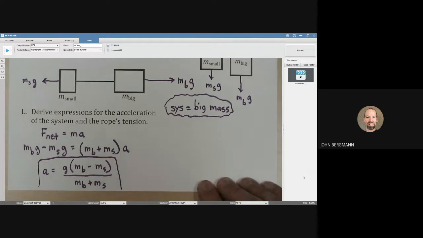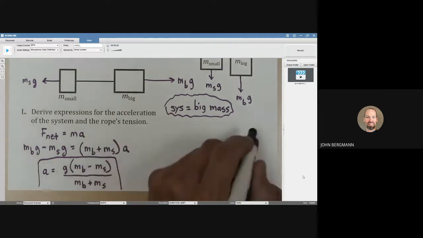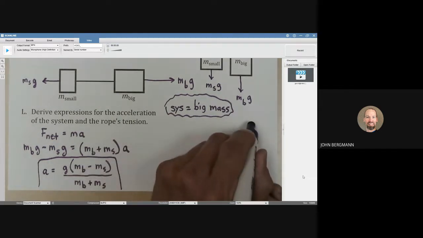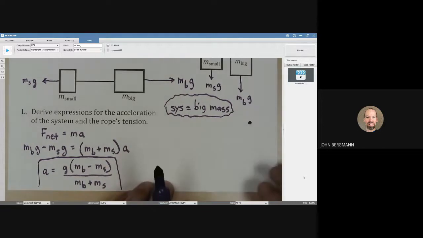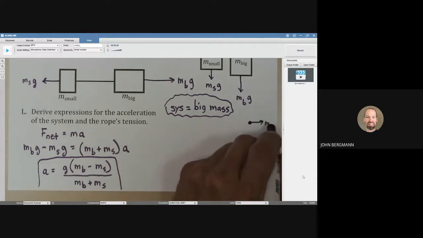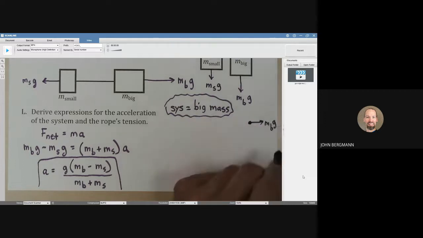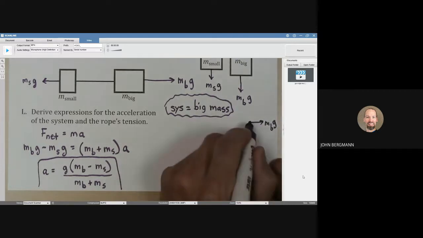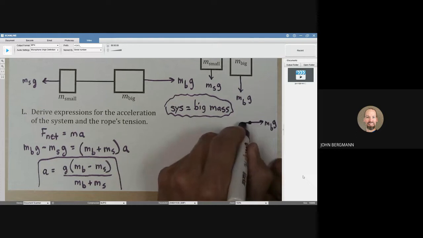So if the system is the big mass, what would a free body diagram of it look like? There's the big mass right there. And doesn't it have mbg pulling to the right? And then there's a tension pulling back to the left.